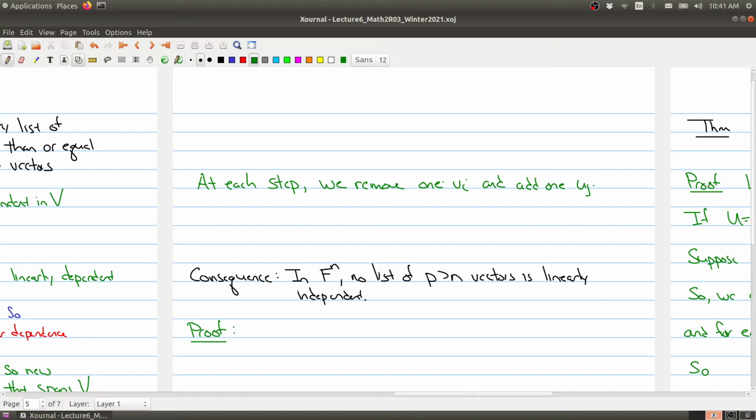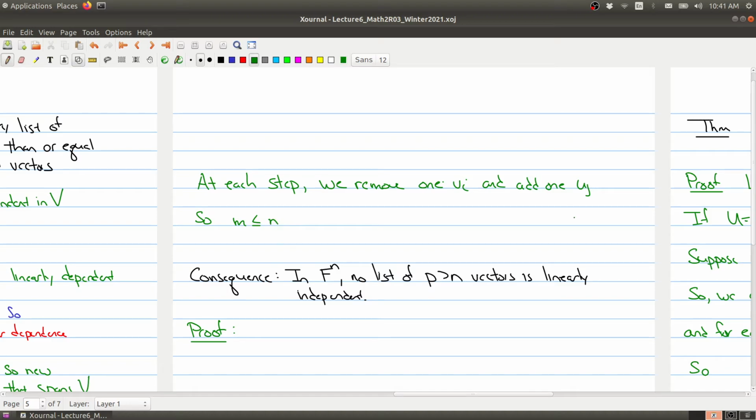So that means you have at least as many UJs as you do VIs, right? But the number of UJs is N, and the number of VIs is M. So we have that M is less than or equal to N.